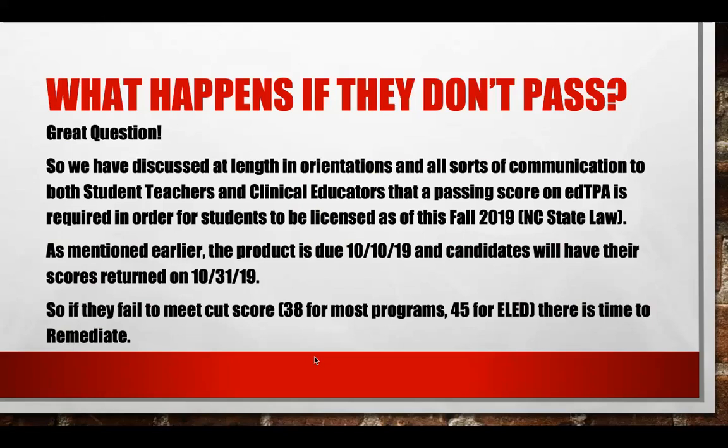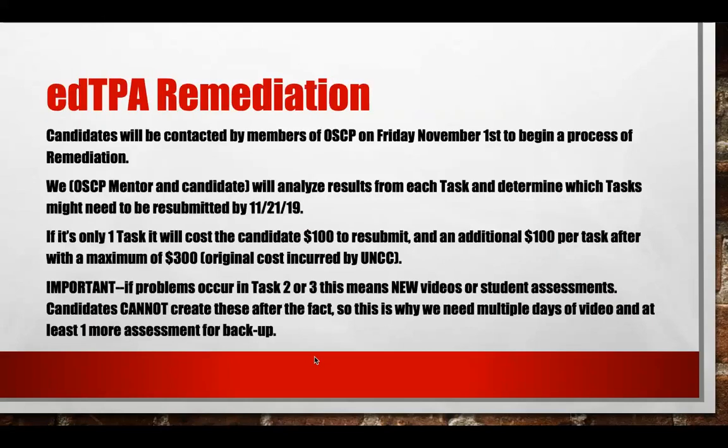We will have the scores on the 31st of October, so 3 weeks later, we'll know, and there's a team that will be looking at the students that did not pass, and the next day we will reach out to them and start this remediation process. So what does that look like, and how can you help with this? Well, like I said, they're going to be contacted the very next day, which is Friday, November 1st.